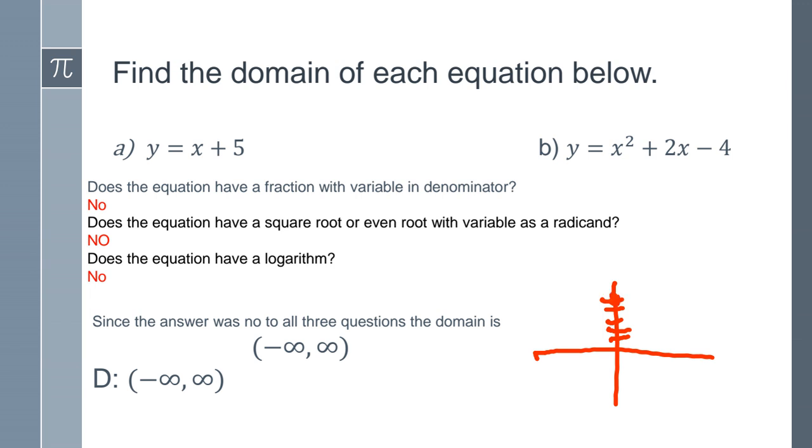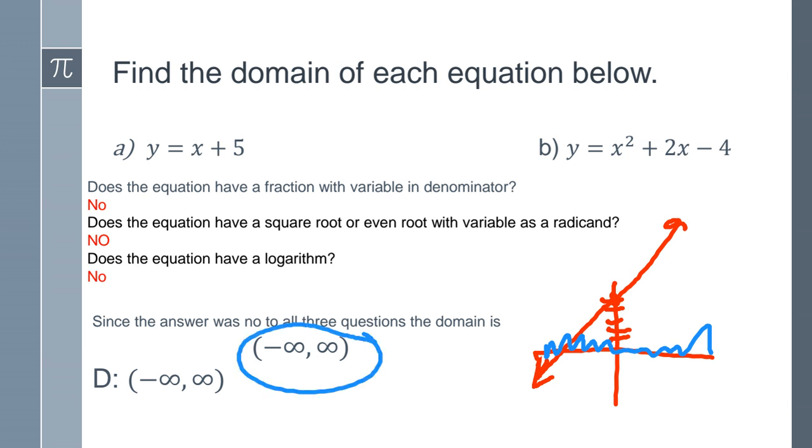You can see that we're using all these x values, and that's why we say negative infinity to positive infinity. Right now, this is written in interval notation. So let's try another one.